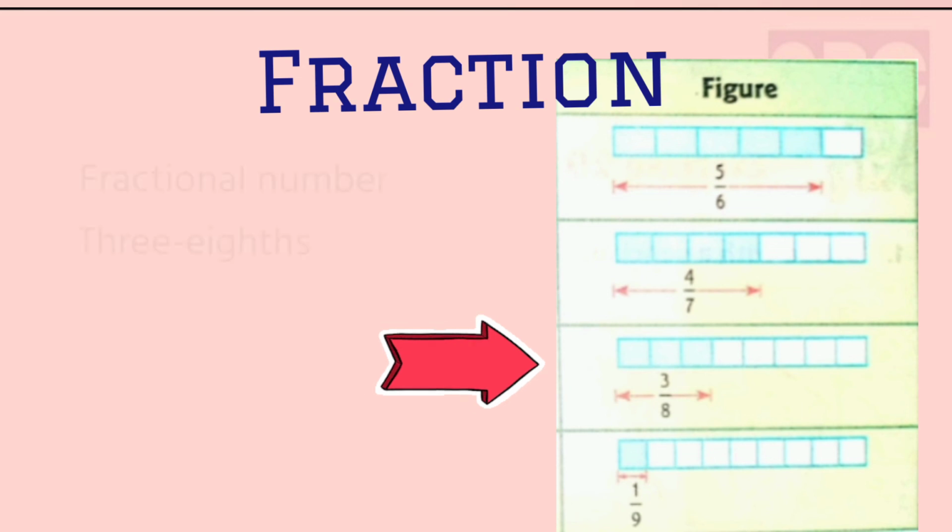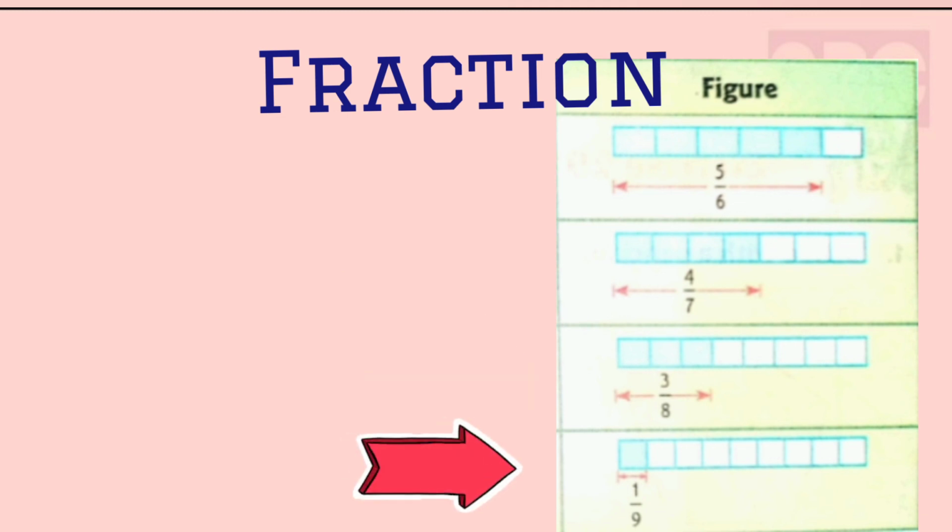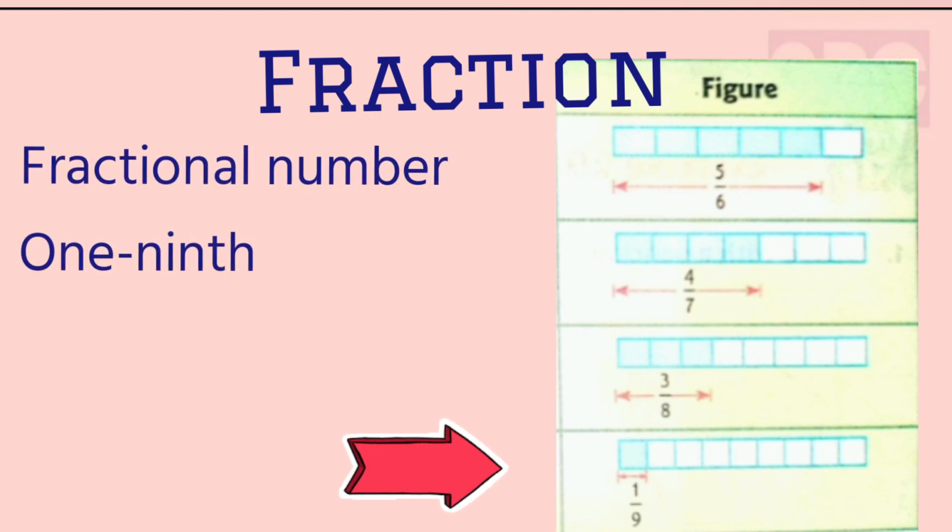So here the fractional number will be 3/8, and in terms of fractions it will be written as 3 by 8. Fourth image, this whole rectangle is divided into 9 equal parts, and out of 9 equal parts, 1 part is shaded. So here the fractional number for this particular image will be 1/9. It means 1 part out of 9 is shaded, and in terms of fractions it will be written as 1 by 9.